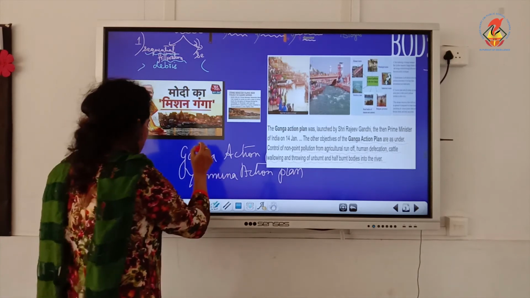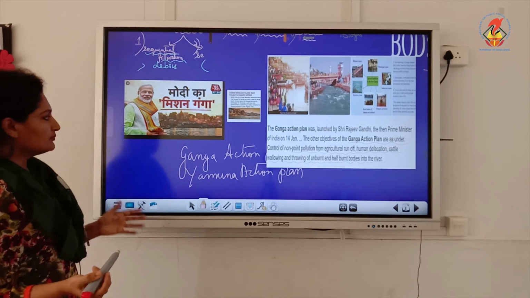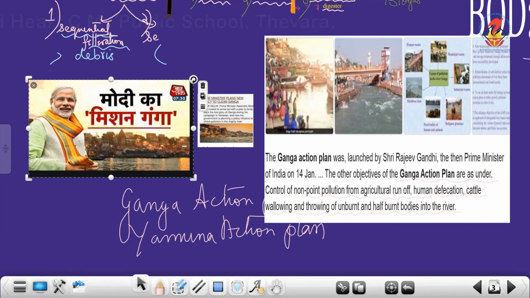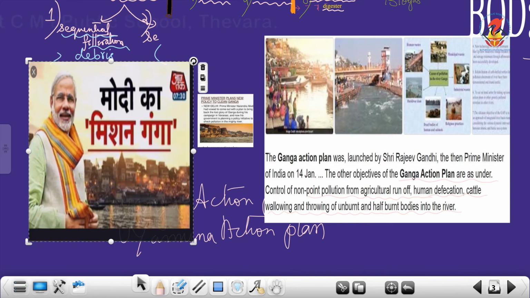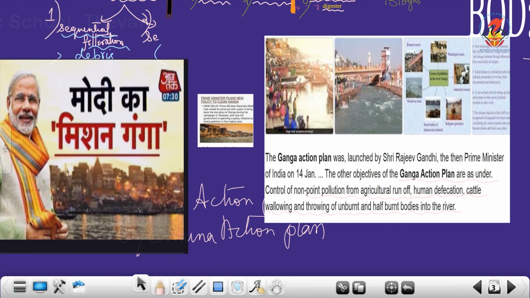But now the present Prime Minister, very actively under the Swachh Bharat Mission, has brought about this Mission Ganga. He is very famous for Swachh Bharat, and he has come out with this Clean Ganga project.